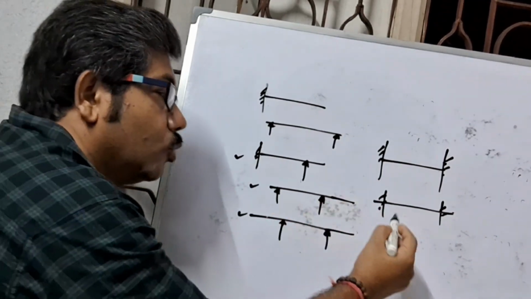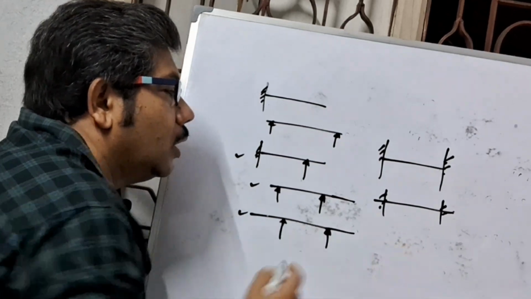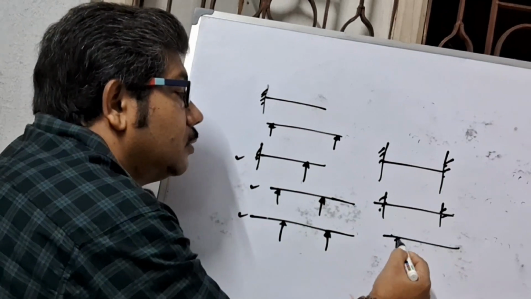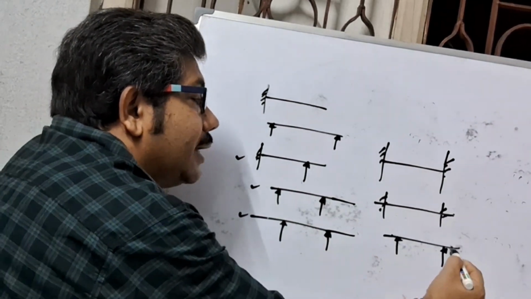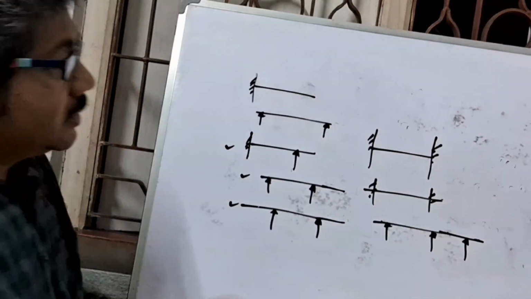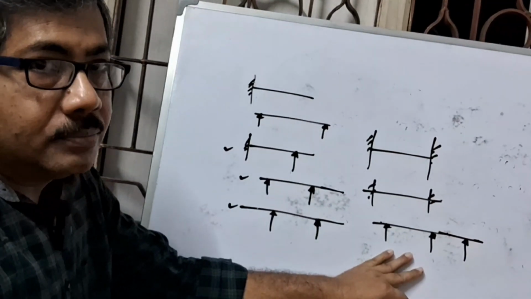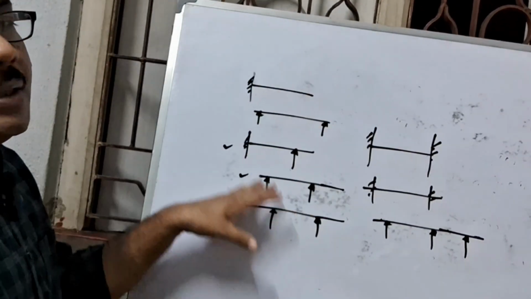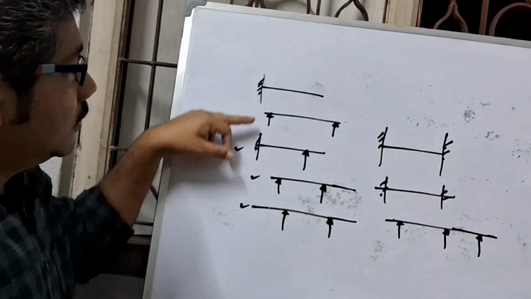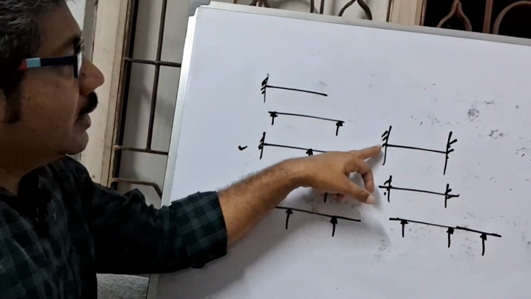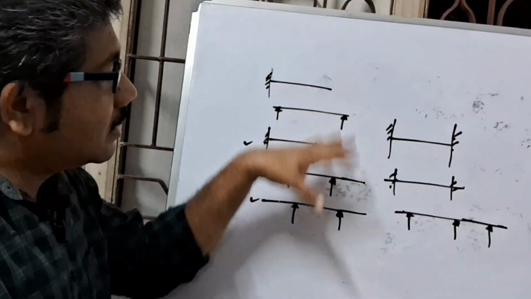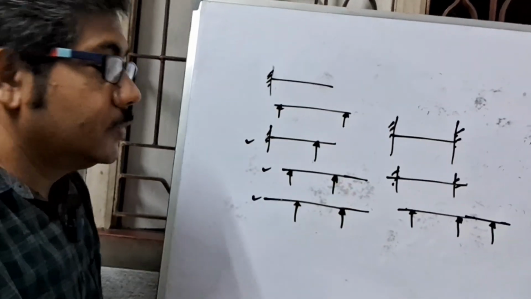And a beam which is supported at more than two supports is called continuous beam. Now these are the different types of beam: cantilever beam, simply supported beam, overhanging beam, rigidly fixed beam, and continuous beam.